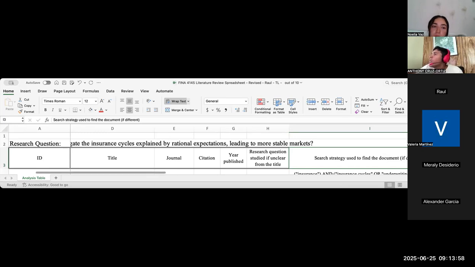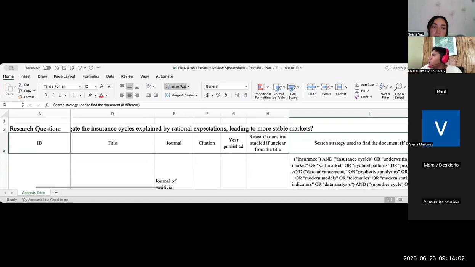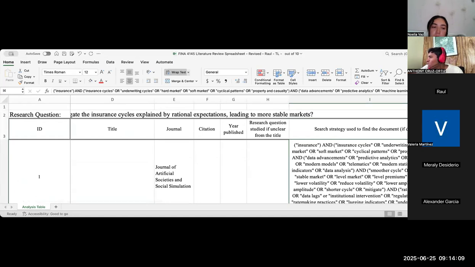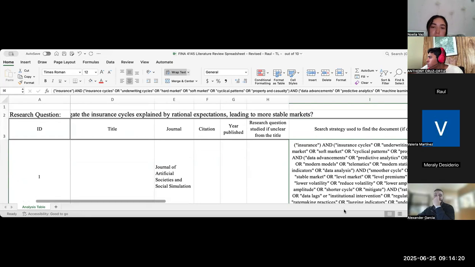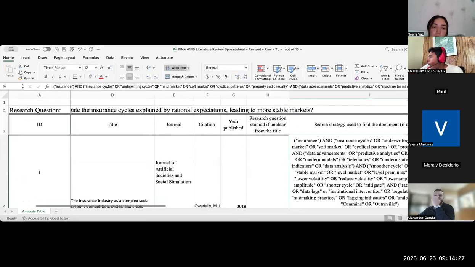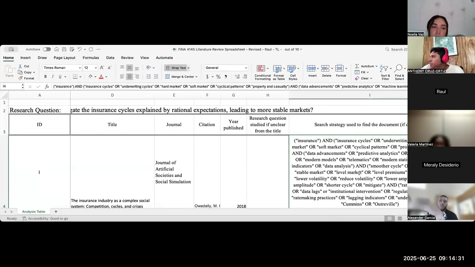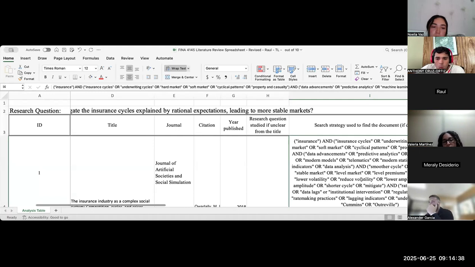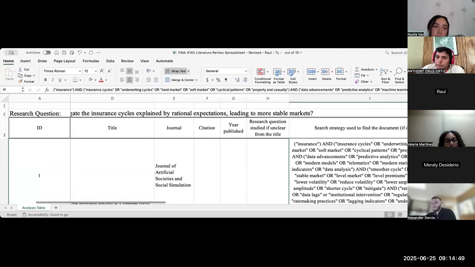Okay, so in this case, it's looking at insurance cycles in a more high-tech environment, the kind of environment that we have today, looking at the effect of technology on improving estimation by insurers, right, to adjust premiums so that there aren't those cycles of losses by insurance companies. Is that accurate, Raul, how you would describe that?